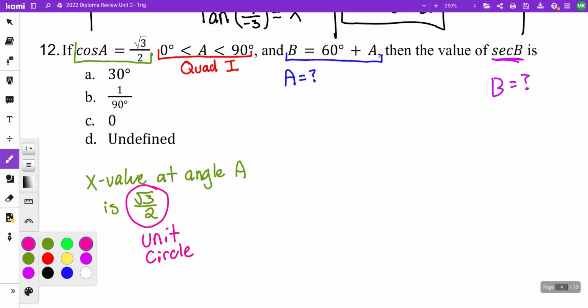They're saying use the angle in quadrant 1. So I look just in quadrant 1. Where do I see an x value of root 3 over 2? It's at 30 degrees. That's where that happens.